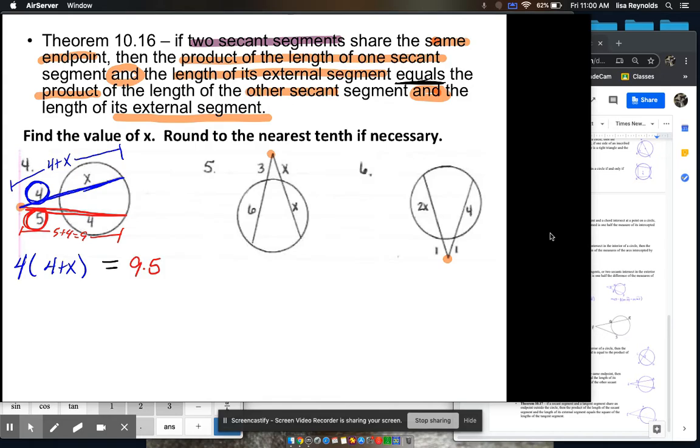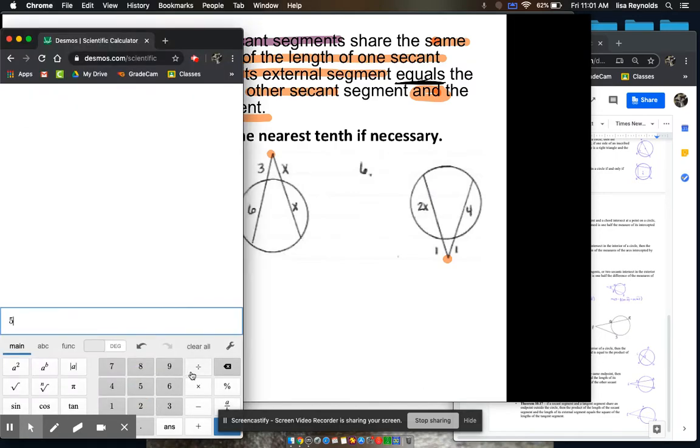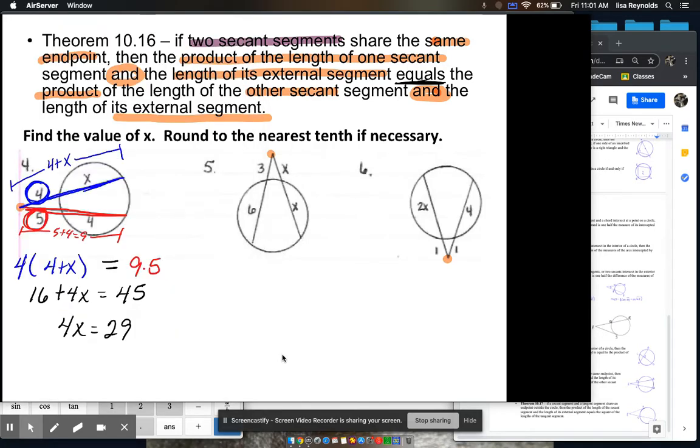So we have to distribute. So this is 16 plus 4x equals 45. 4x is going to equal 45 minus 16, which is 29.